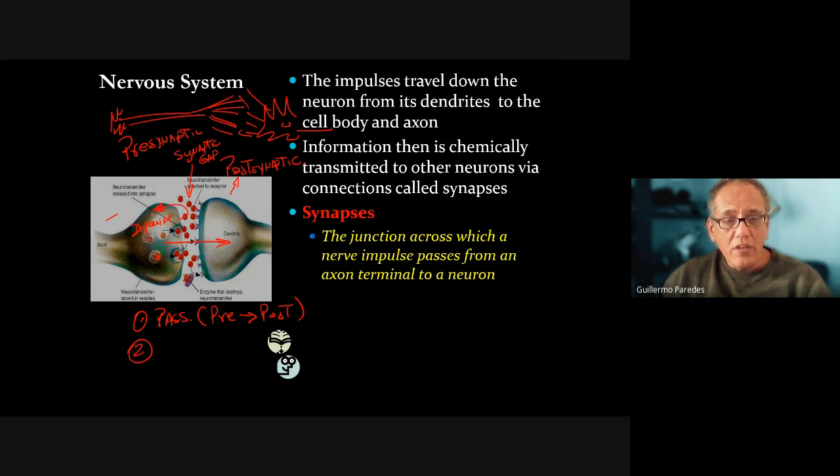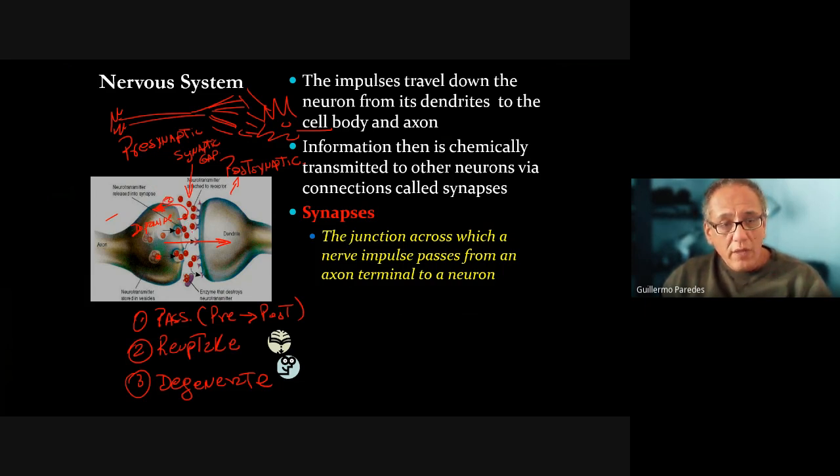They are going to return. That is called the reuptake. And number three, some of them are going to degenerate. How? So listen to this. These neurotransmitters are going to go into the synaptic gap. Some of them, this is number two, are going to go back.